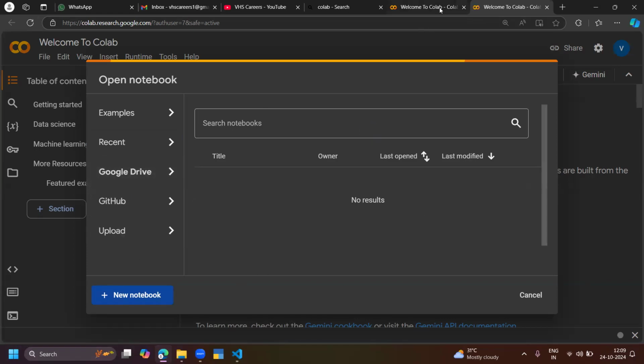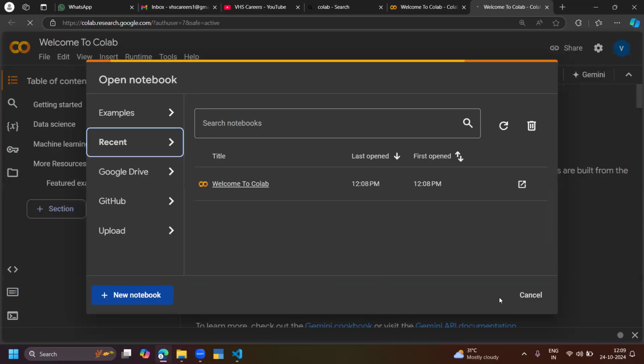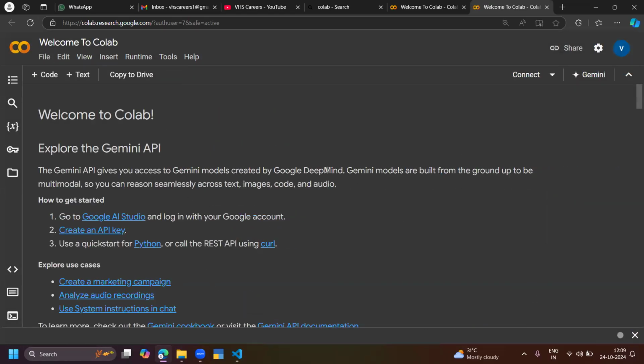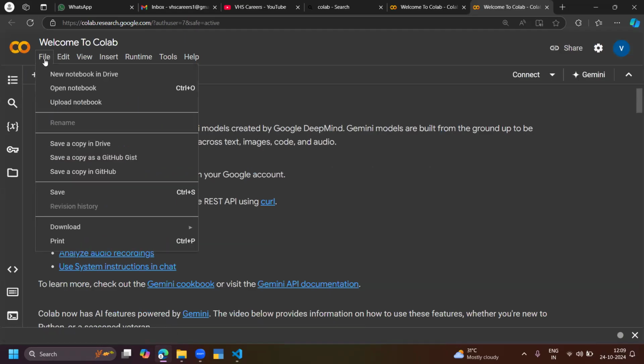Okay, so file, save as new notebook in drive.